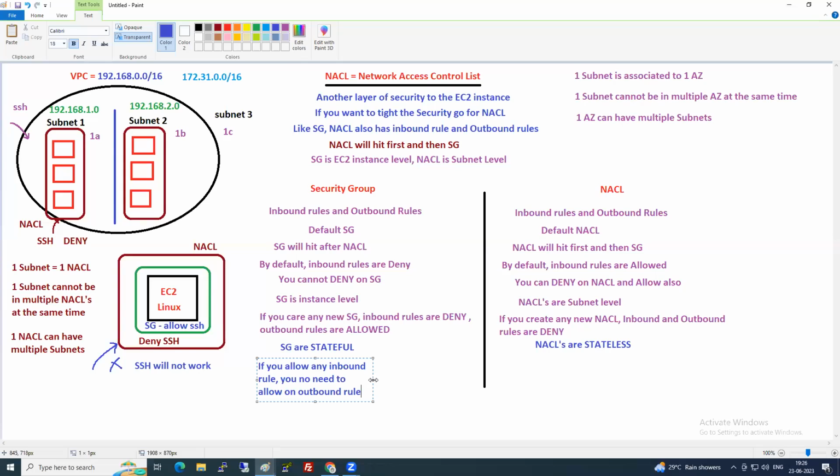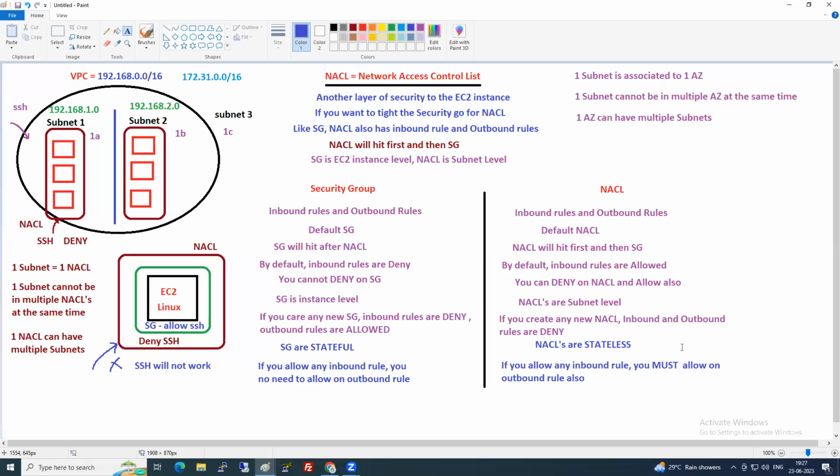But here, if you allow any inbound rule, you must allow it on the outbound rule also. That is called stateless.